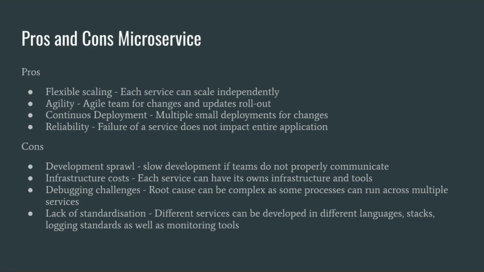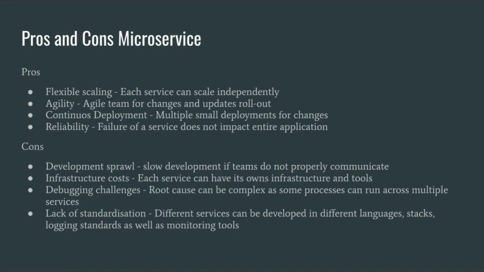And then reliability is failure of service does not impact the entire application. So one service failure does not impact the entire application. You just address it at the service level, and you deal with it at that level, address the bug, put it to test, and then testers can approve and sign off, and then you can deploy that change effectively.